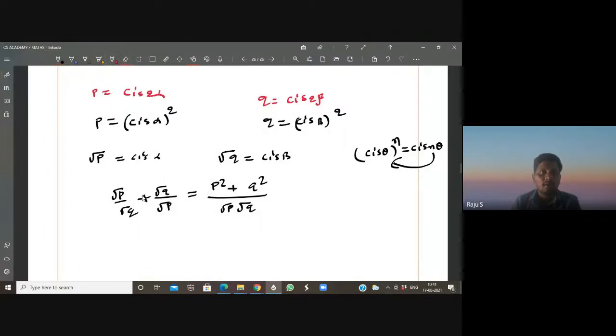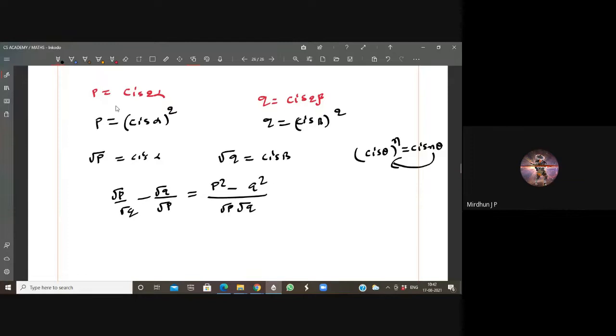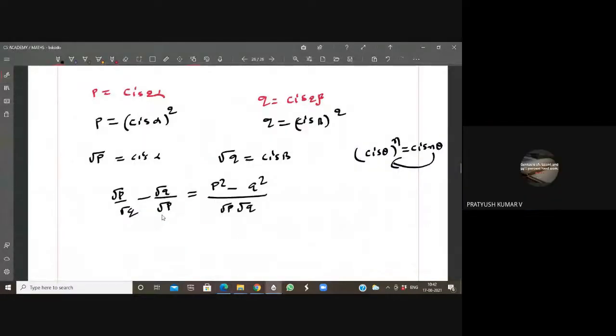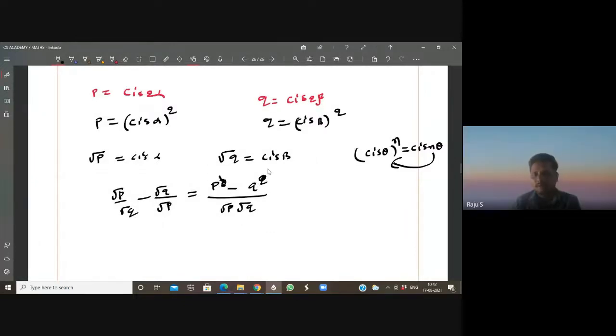Now students, with the help of this, all of you simplify this. You can simplify the numerator. Okay, fine.